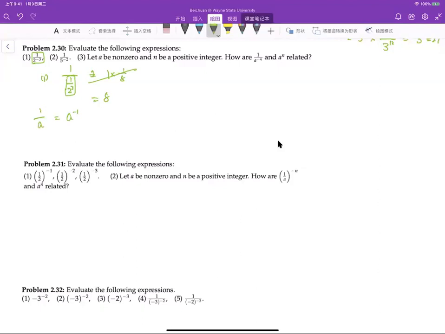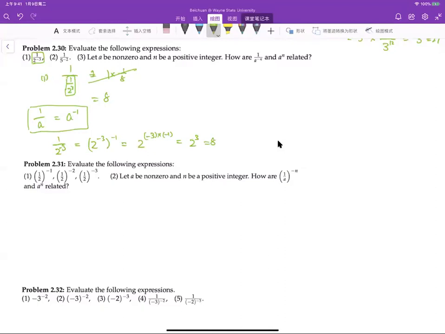Just keep this property in your mind. So that's equal to 2 to the -3, to the -1. I can write it in this form. Then you can multiply the 2 exponents together, so that will be 2 cubed, which is 8.